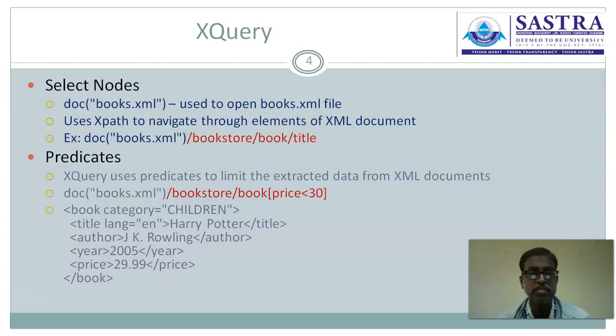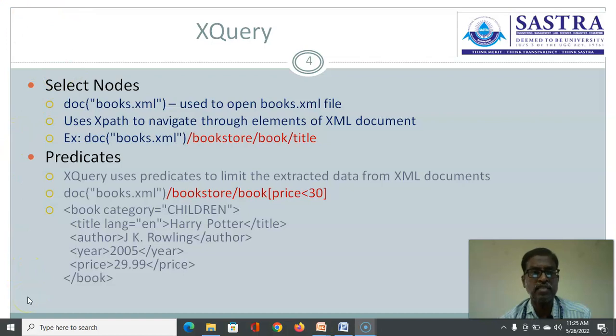If you want to select nodes, as I said previously, the XML document is converted into a node tree. From the node tree, we are going to search, and we are going to apply XQuery on the node tree structure. In the select node procedure, select the particular XML file from the collection of files, doc of books.xml.